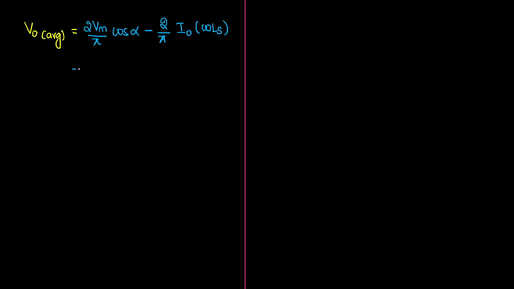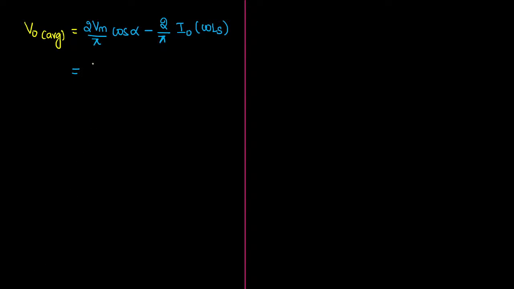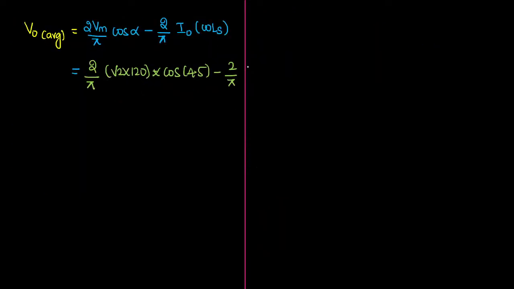Okay, sir. Now observe. I hope all the data is given in our question in a beautiful manner. Maximum voltage is clearly given, that is root 2 times the RMS voltage. Yes, sir. Into cosine of alpha, the value is clearly given, that is 45 degree. It's a direct question. Minus 2 upon pi. Output current, I think it is 10 ampere, right? Yes, it is 10 ampere. So you can directly substitute that value into omega.